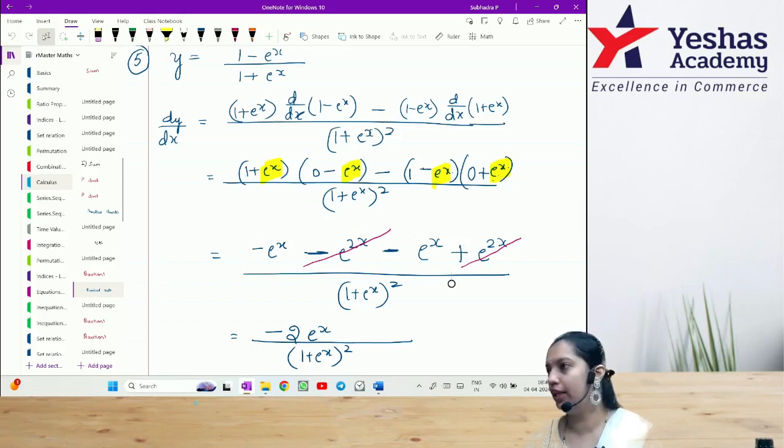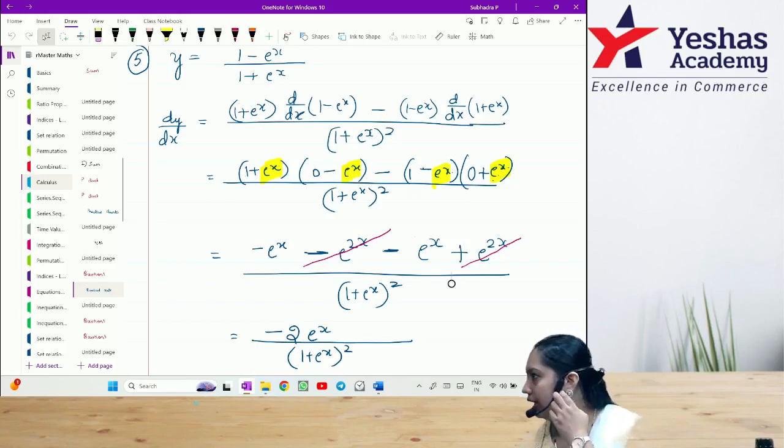No. Denominator square, you have a different number. No, plus and minus sign have interchanged. So you won't. Done?